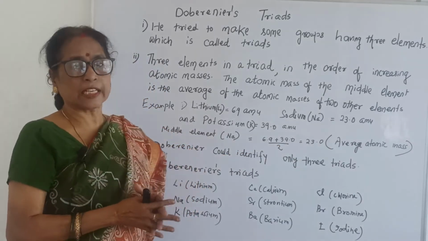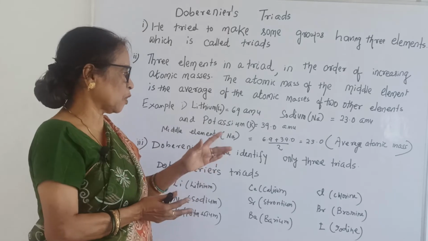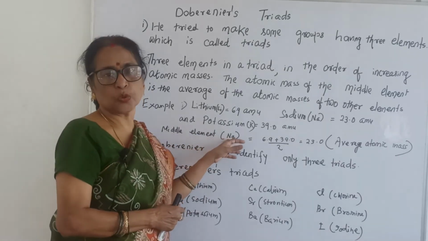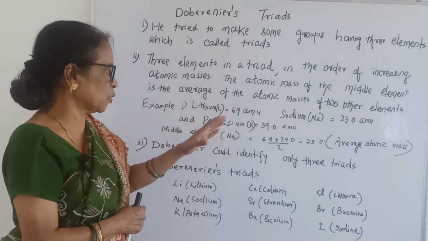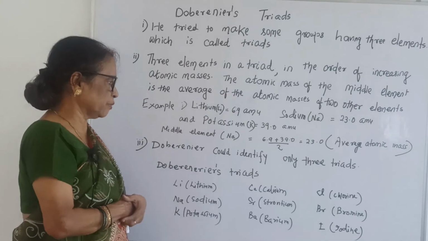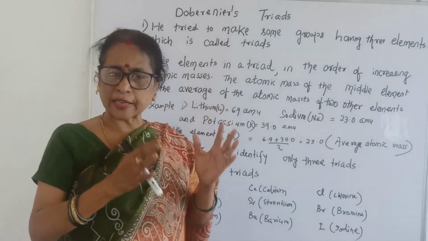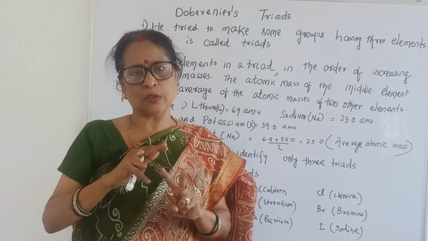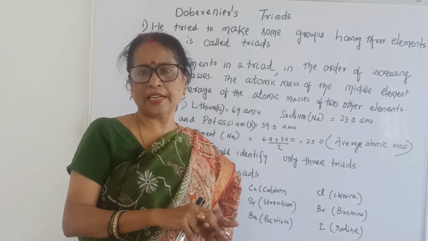The average atomic mass is 23, and the atomic mass of sodium is 23. But the scientist Doberenier could identify only three triads, not more.